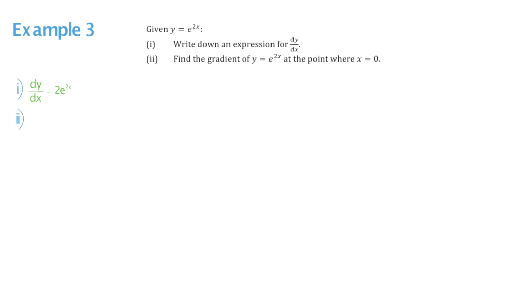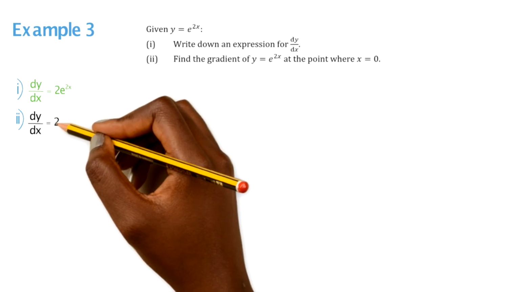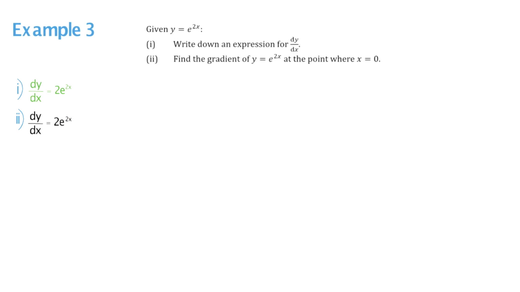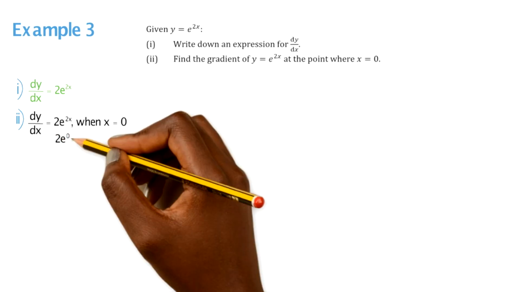So we know dy by dx is equivalent to gradient. We know that dy by dx is 2e to the power of 2x. So we're going to substitute x into this, which would be 2e to the power of 0. Anything to the power of 0 is 1. 1 times 2 is 2.